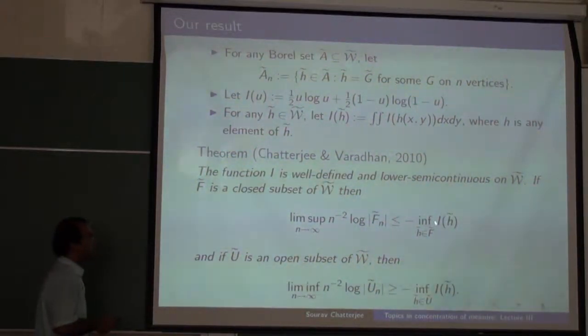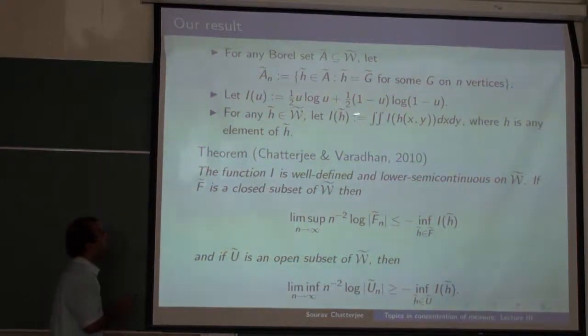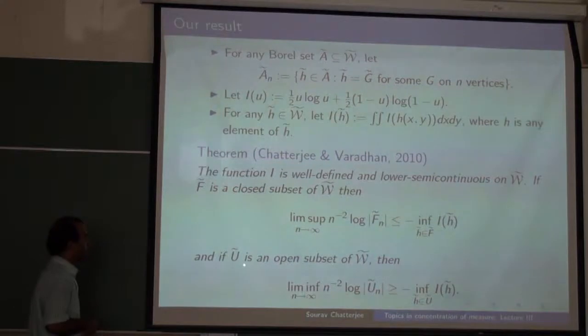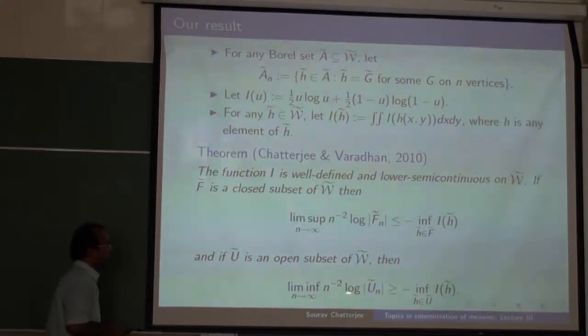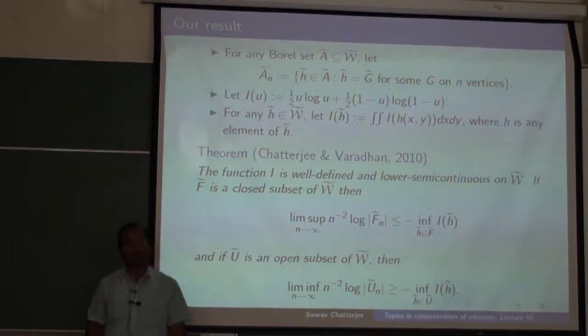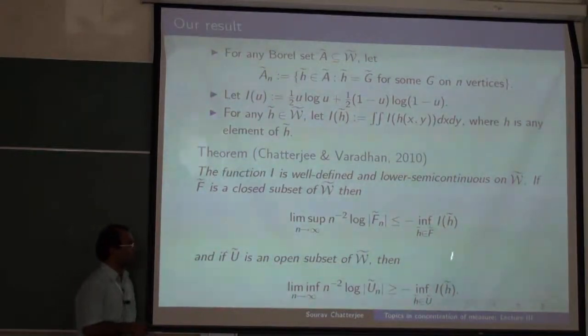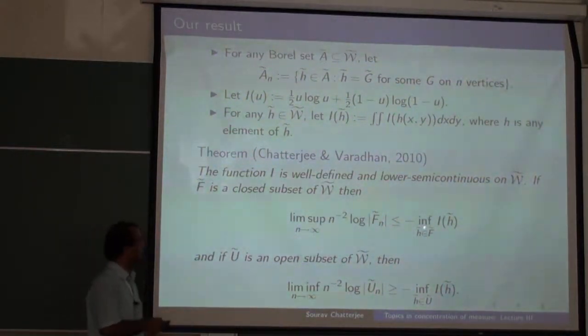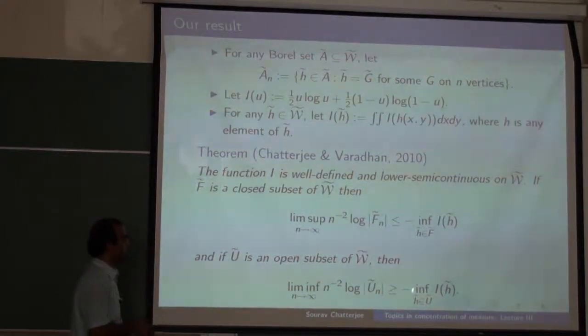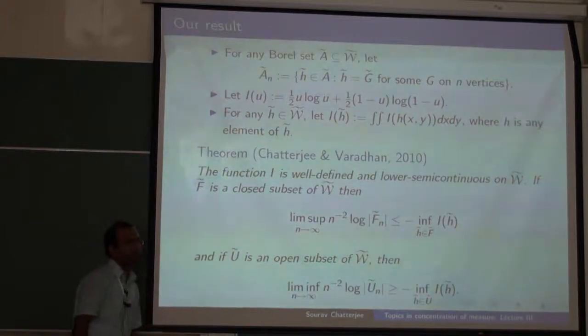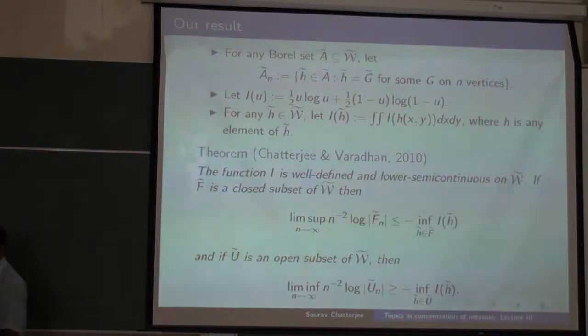You take the minimum of the entropy on this set. And if U is an open subset, then you have a lim inf. If these two things coincide, so for instance you have a set whose closure and interior have the same infimum of the entropy, then you get an expression for the limit. This is how large deviation results are usually stated.